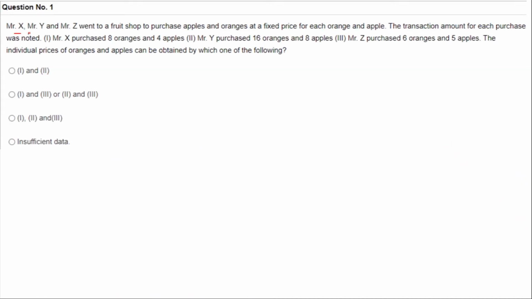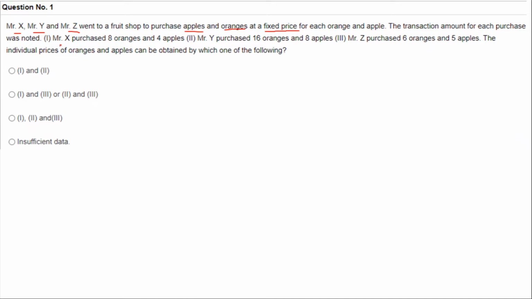Question number 1. Mr. X, Mr. Y and Mr. Z went to a fruit shop to purchase apples and oranges at a fixed price for each orange and apple. The transaction amount for each purchase was noted.